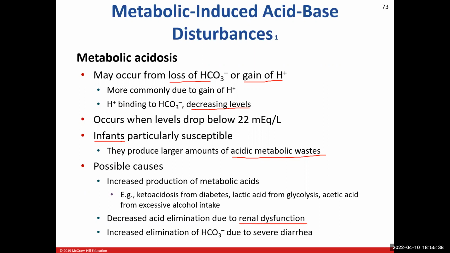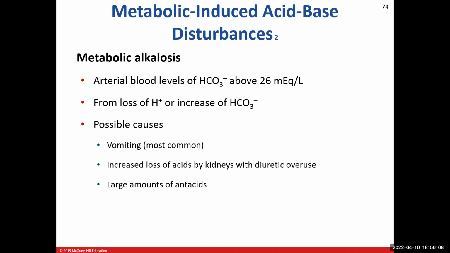If they cannot clear that acid, then we start to get accumulation, and we can run into problems. One of the results will be metabolic acidosis. Also, severe diarrhea, because we're getting rid of all that bicarbonate in the diarrhea, and we don't have the bicarbonate there to buffer those hydrogen ions. That too can be one of the causes for metabolic acidosis.